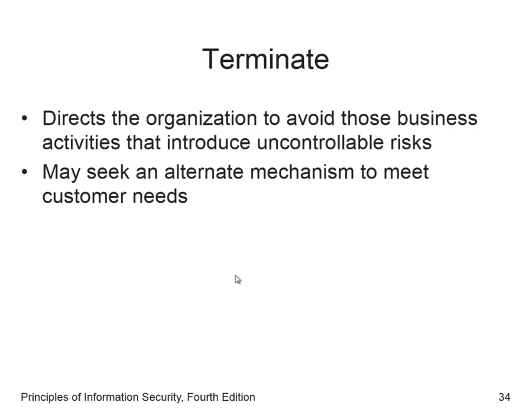Are we affecting the requirement to meet customer needs? If this is the case, then we have to find alternative activities that will replace the uncontrollable activities and will meet customer needs at that point. So we cannot terminate activities without having alternative activities if they do affect the company's operation.